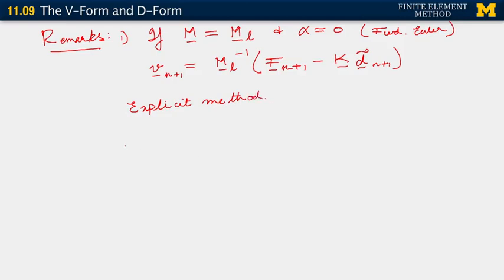Okay. In contrast, if alpha is not equal to 0, okay, right, then in that case, even if our mass is lumped, we still have equations to solve. Okay, so this is now an implicit method.